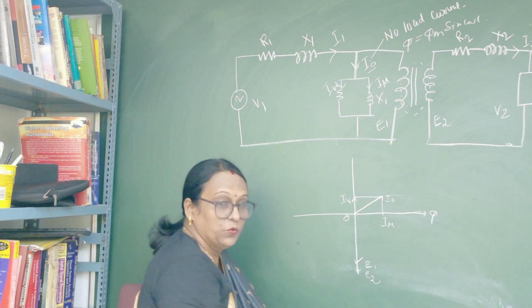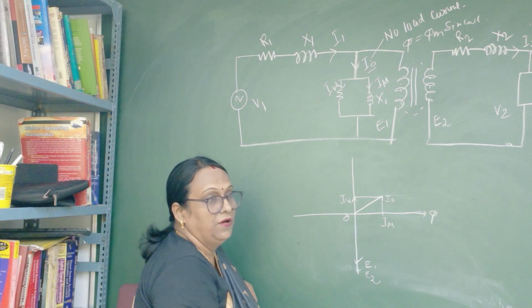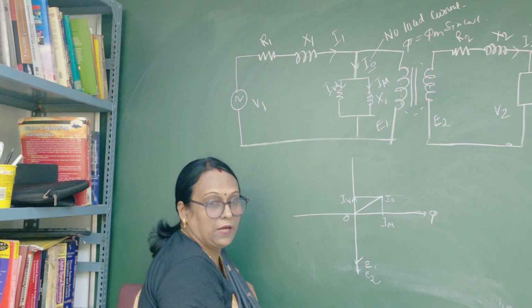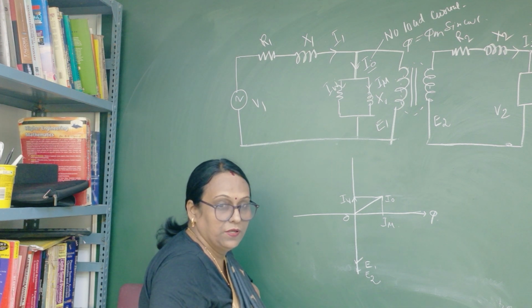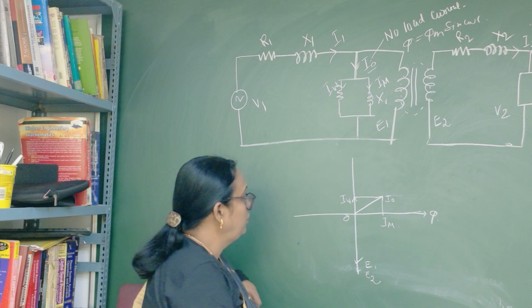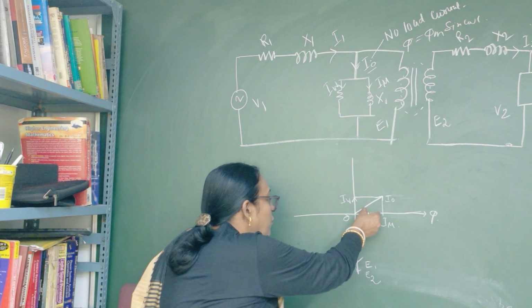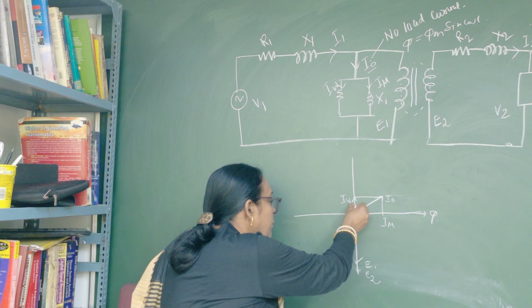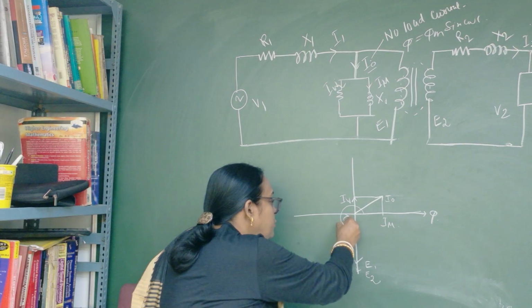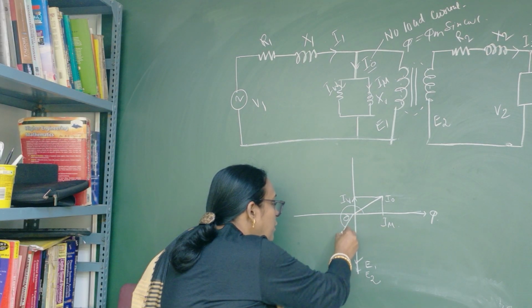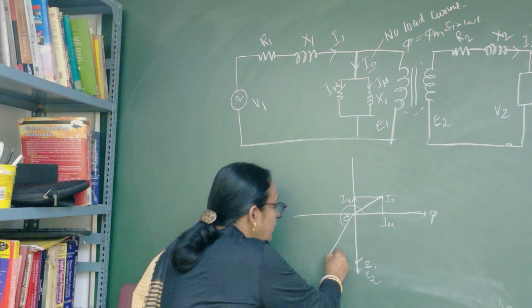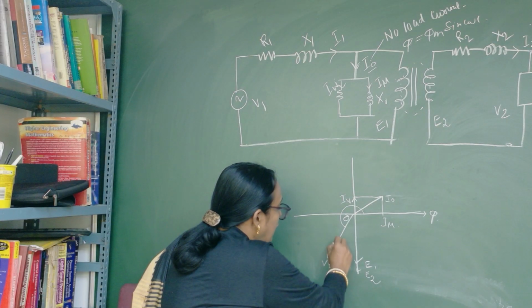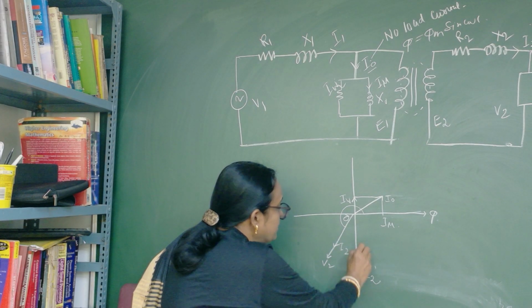Next, you have to consider whether the load is resistive, inductive, or capacitive. If the load is resistive, we draw V2 and I2. If this one is V2, the I2 will be in the same phase.